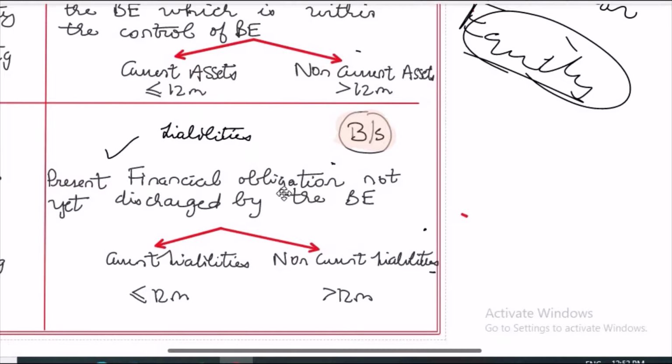Liabilities are present financial obligations not yet discharged by the business. Current liabilities would be one year or less than one year, and non-current liabilities would be greater than one year.